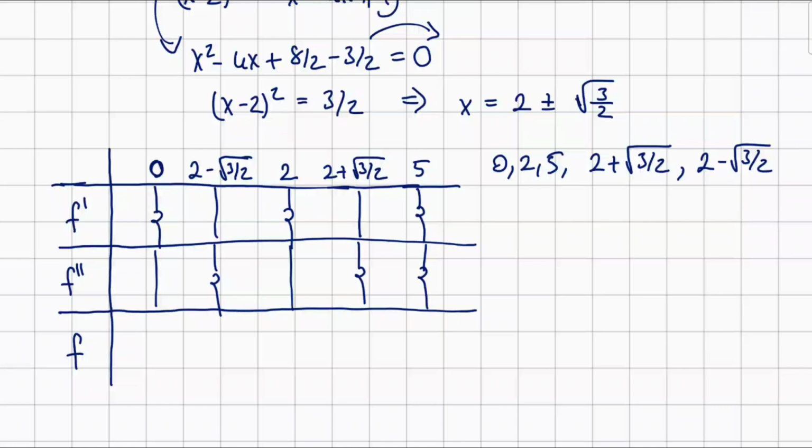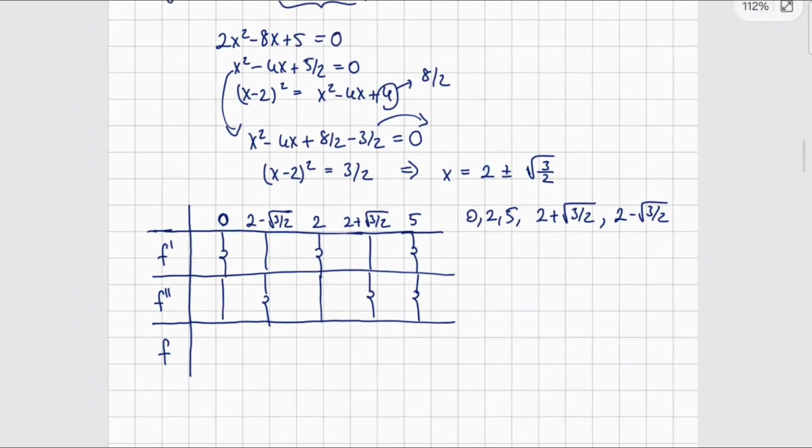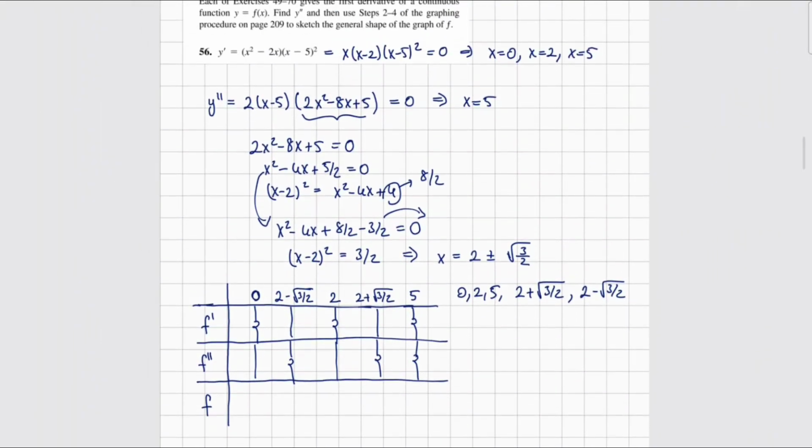Let's check the signs for the first derivative. Okay, we can see our first derivative now. If we test a number to the left of 0, like a negative number, the first derivative is positive. You can see that the first term will be negative, the second one will also be negative, and this term is always positive, so negative times negative times a positive will be positive here.